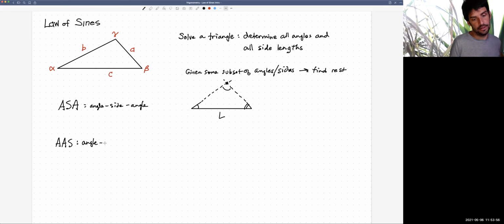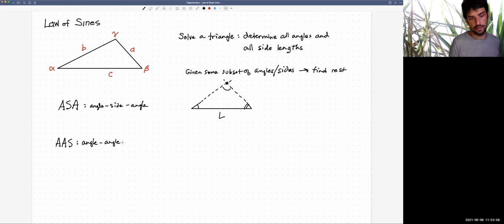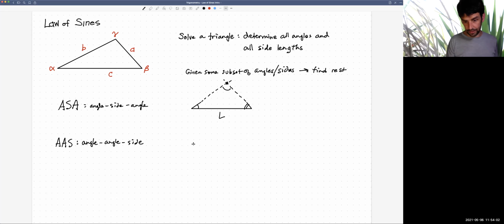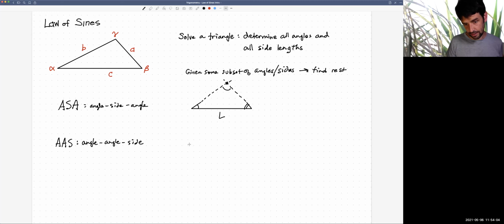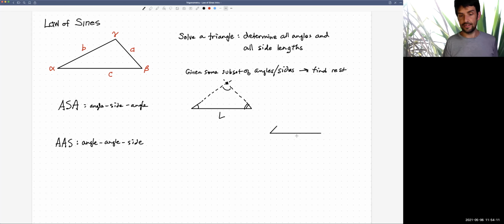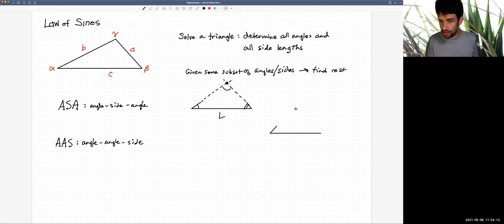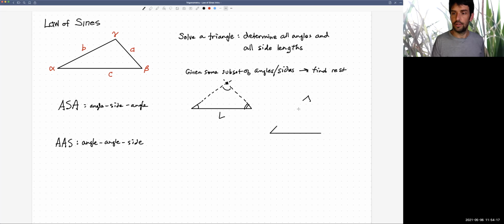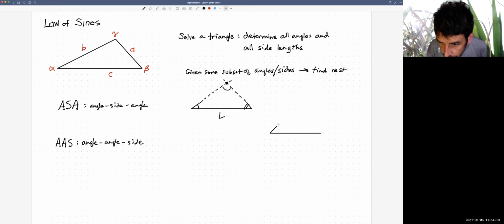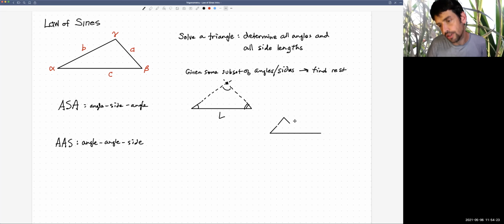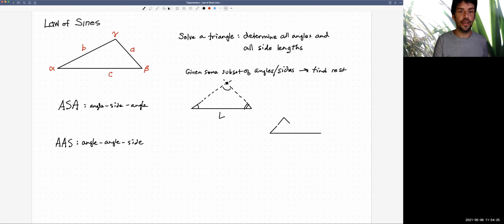The way I think about this, we've got an angle and a side that's attached to it, and then there's some other angle. Oops, let me do that again. It should be continuing in the same direction. Okay, so pretend that's about the same.